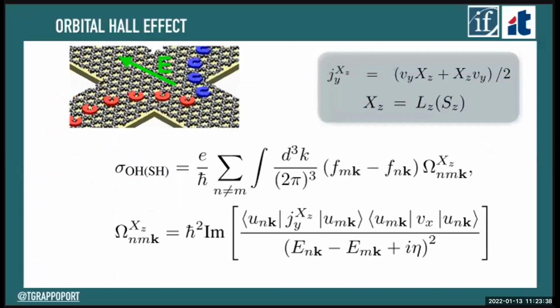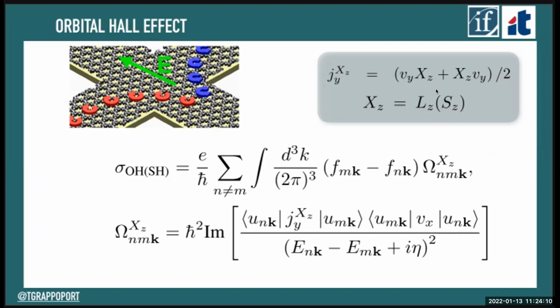Well, I will begin showing some results on the orbital Hall effect in TMDs. And for those who want to calculate this using the Kubo formula, this is more or less the same way as we calculate the spin Hall effect, but we use the orbital angular momentum operator of the orbitals in the tight binding Hamiltonian instead of the spin to define the orbital current.